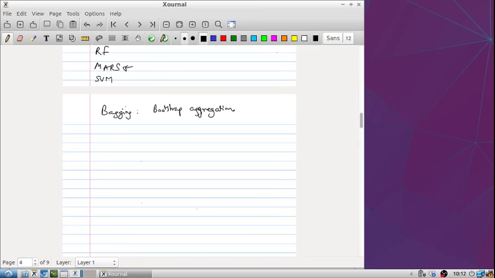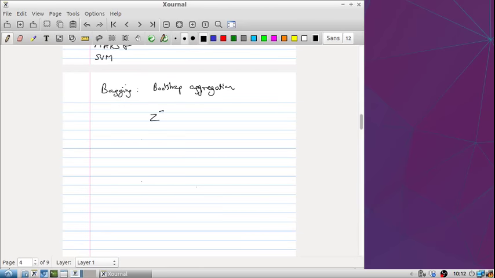And remember we did bootstrap samples, right? If we had a Z, we created B copies, Z star 1 all the way to Z star capital B, and for each one of them we created a predictor, f hat star 1 of x all the way to f hat star B of x.